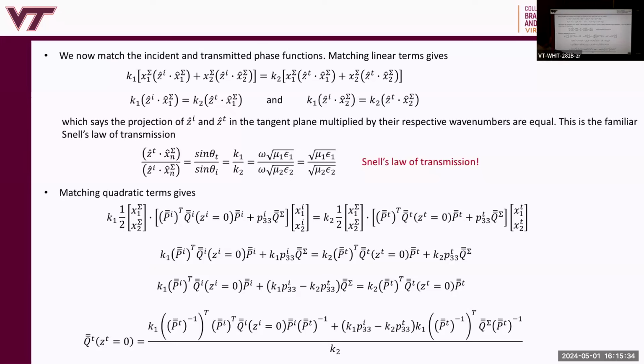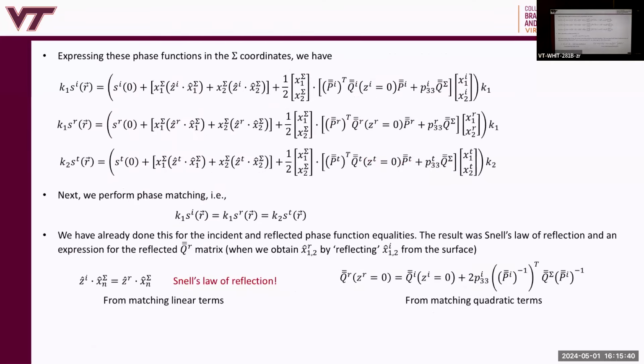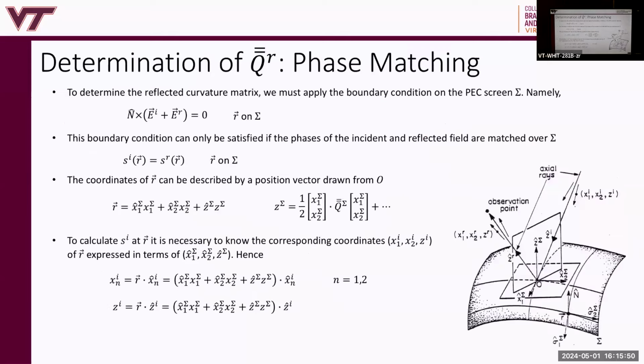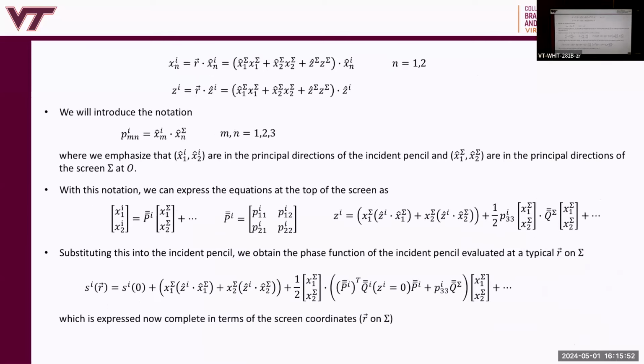I think this is actually a typo now that I think about it. Let me go back, because we should have expressed everything in terms of the coordinates of, let me just double check. Let's go back to when we did the same thing for the reflected wavefront. In the reflected wavefront, we re-expressed, yeah, that's what the problem is. So it's a typo, all right? It should all be in terms of the surface coordinates, right?